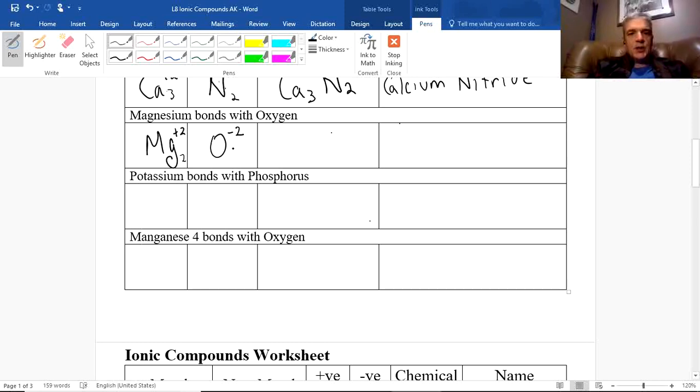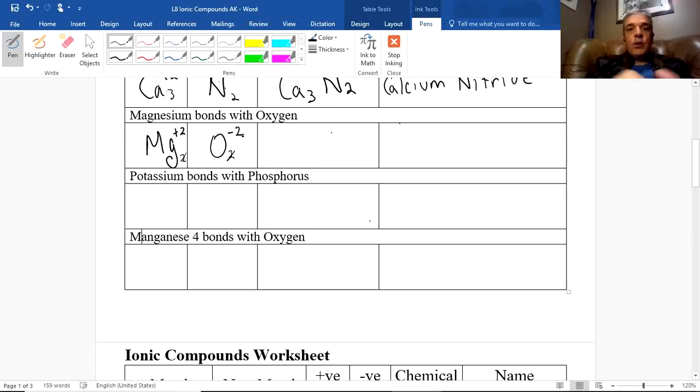Now, using our crossover technique, we would think that we bring a 2 here and we would bring a 2 here. But in fact, remember, we're trying to balance the pluses and the minuses. And because these are both +2 and -2, this is like lowest terms. We can cancel these to just ones. And this is one of the trickier things, because 2 and 2 kind of cancel each other out. So we have a +2 and a -2.